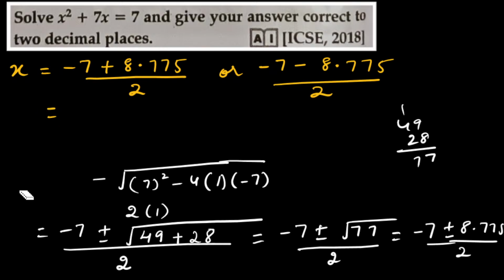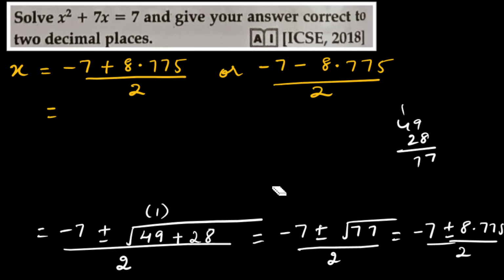Now we can solve it. So plus minus is minus, and the sign is that of the greater number.